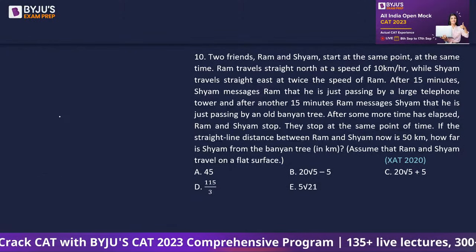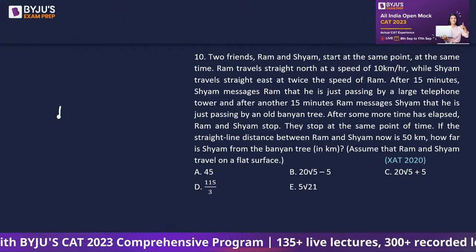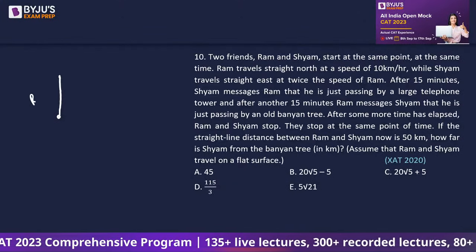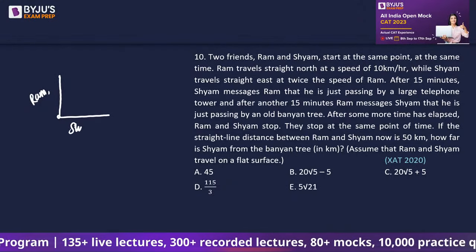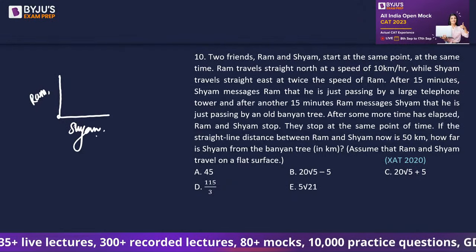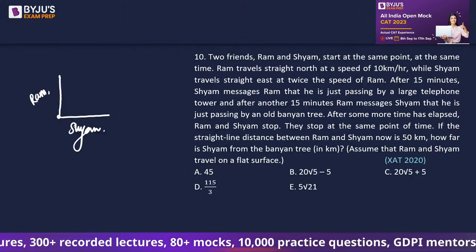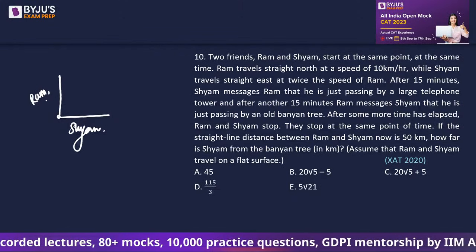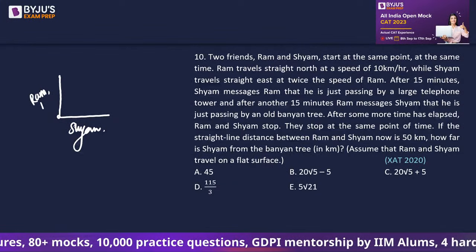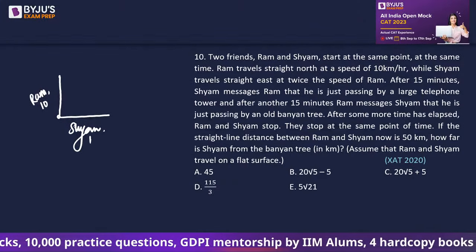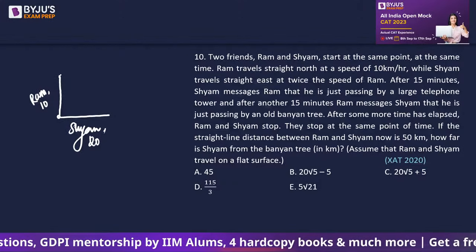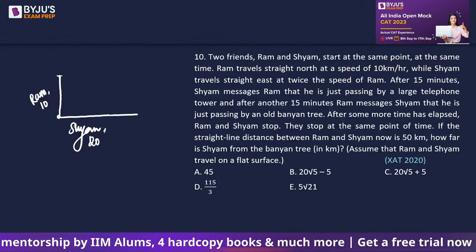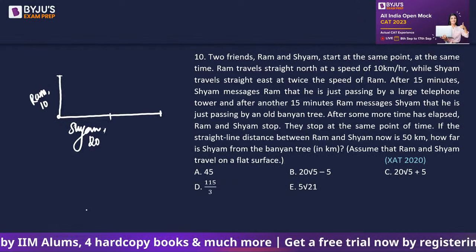Okay. देखो, Ram starts in this direction and Shyam starts towards the east. They start at the same time and they stop at the same time. और Ram की जो भी speed है, Shyam की speed is twice of that. So can we say in the same time, whatever distance Ram is going to cover, Shyam is going to cover double of that?